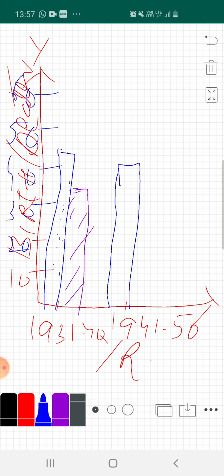It will be here. So like this we are showing death rate and birth rate for different years.